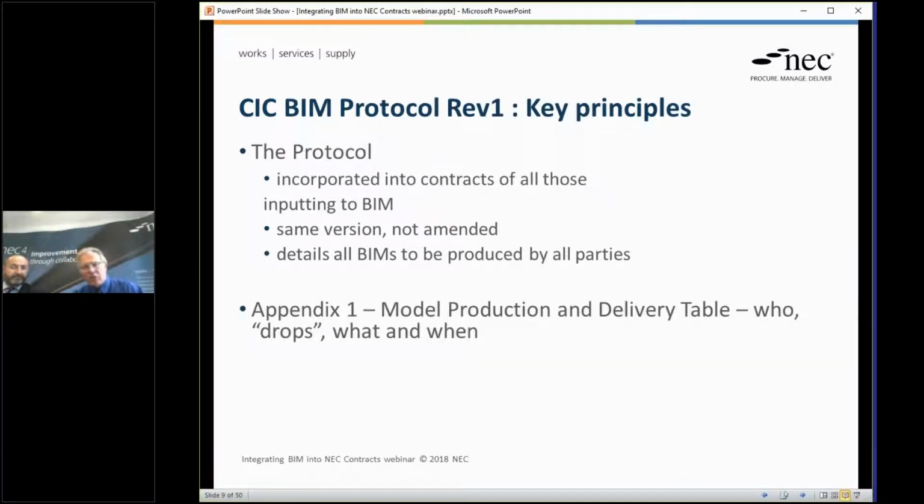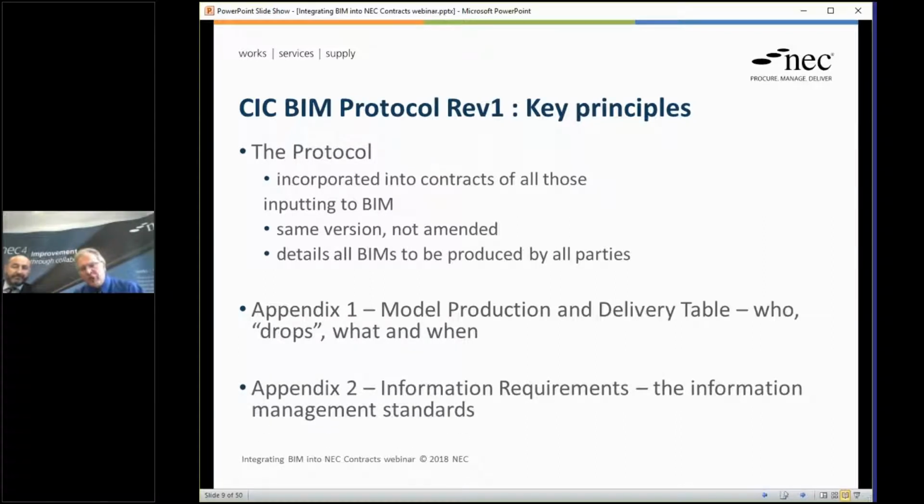Critically, it had an Appendix 1, which was what was called the Model Production Delivery Table, who, I love the word they use, the term drop, who puts information in, what information they put in and when. That was set out in this one magic table, which is really the crux of who's got to do what when. There was also Appendix 2, which was the micro detail about exactly how the information is to be provided, the so-called information requirements.